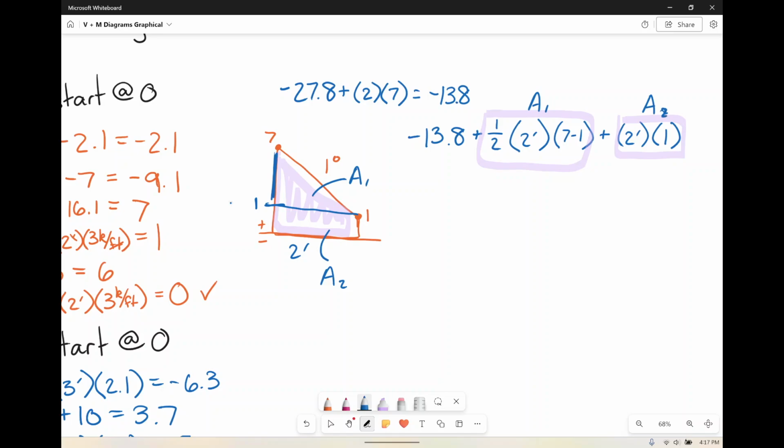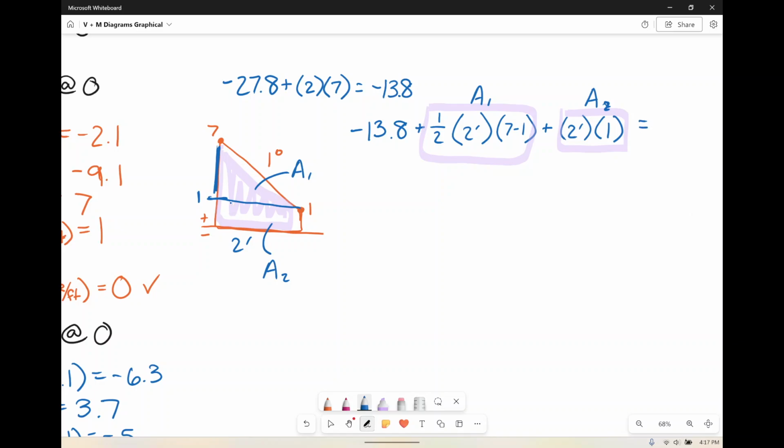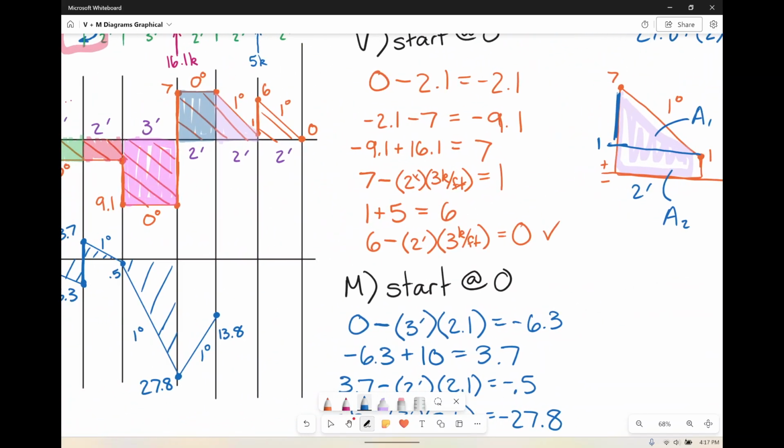So what I'm going to end up with, gosh, keep scooting this screen, is minus 5.8. So all of that, we're going to get up here to minus 5.8, maybe about right there. But this is a 2 degree, right? Because this is 1 degree over here for the shear. We got a 2 degree for a moment.